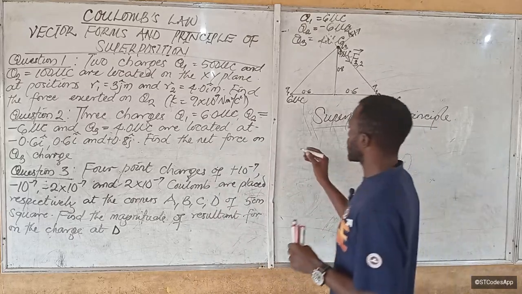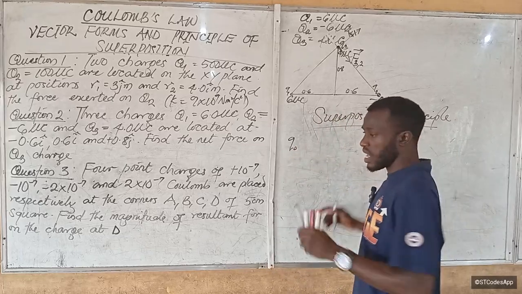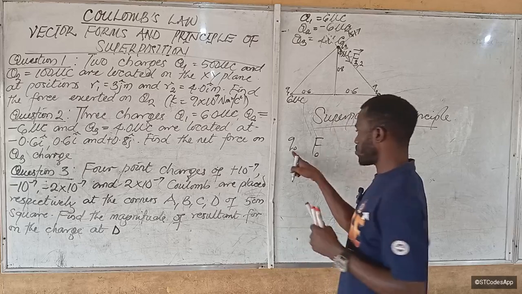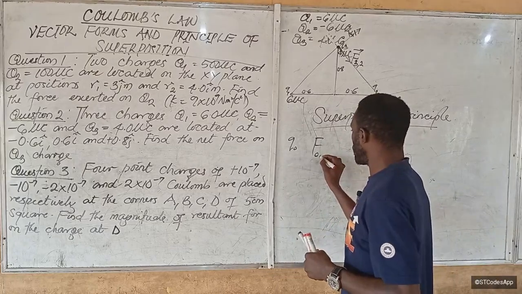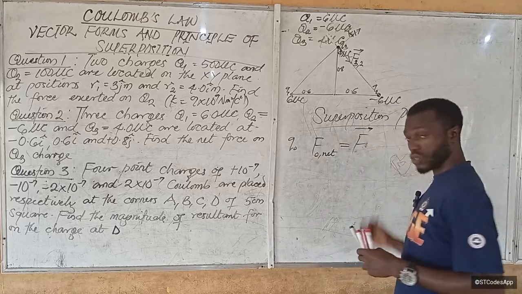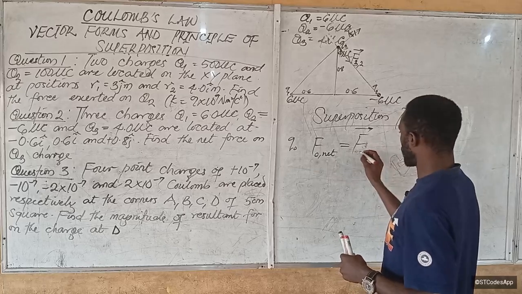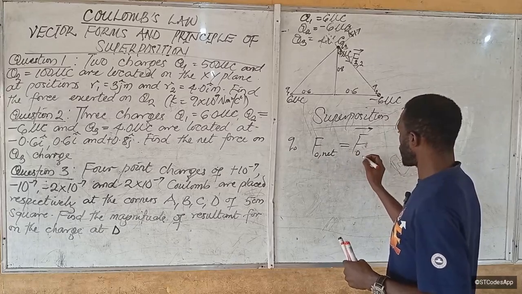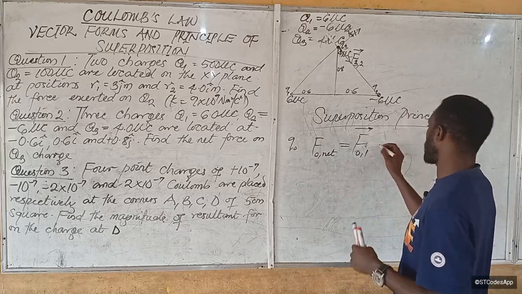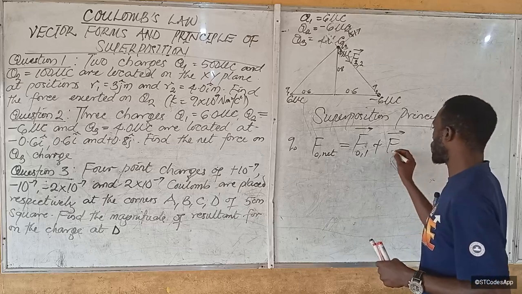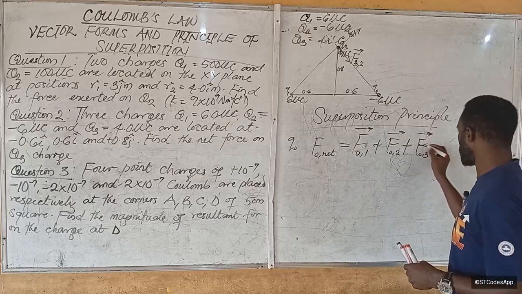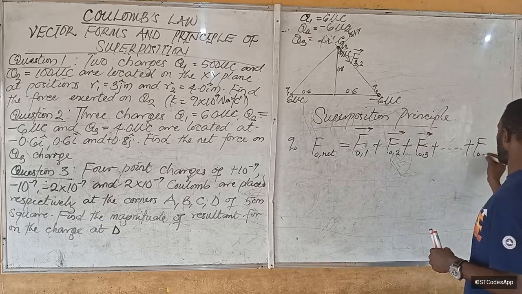So what that is saying basically is that if I have a charge Q0 at origin and I have different forces acting on it from different places, then the net force on charge Q0 will be equal to the vector sum of F0, the force on charge Q0 due to charge 1, plus the force on Q0 due to 2, plus force on Q0 due to 3, plus force on Q0 due to any number of charges.